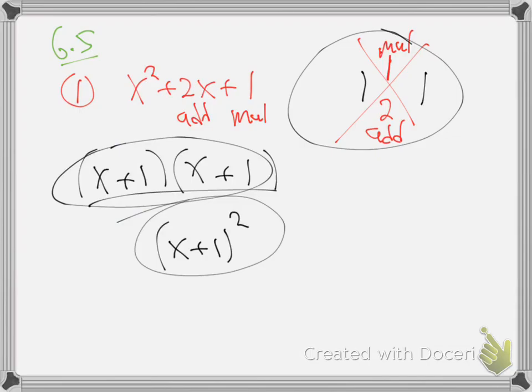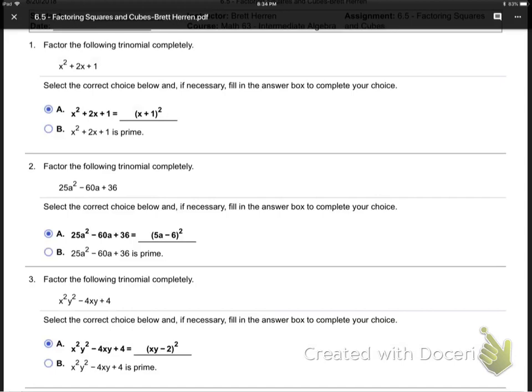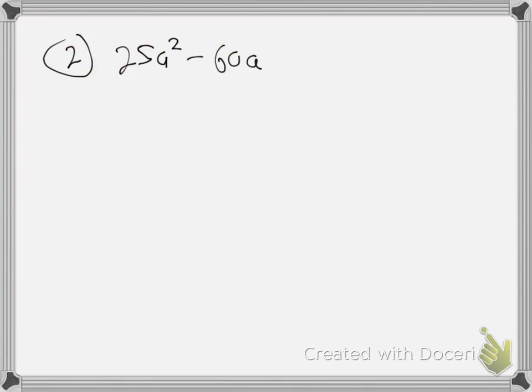Number 2, 25a squared minus 60a plus 36. Okay, let's try that one.